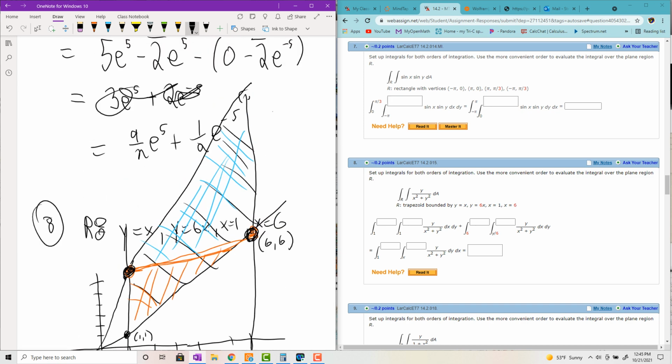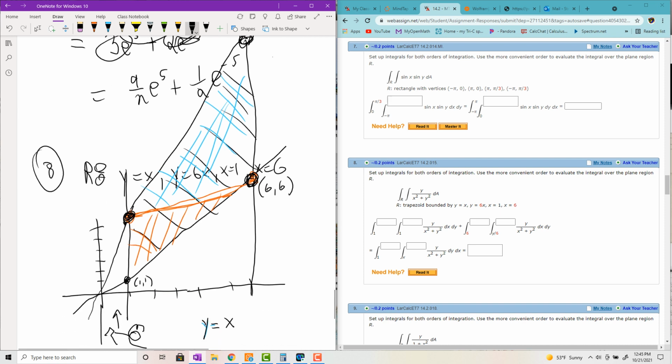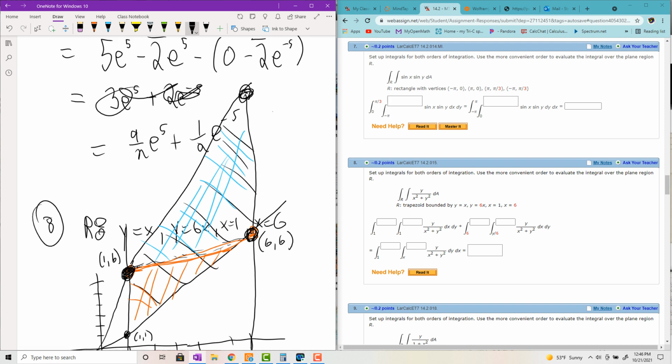Those points are from y equals 6x. The first point is when x is 1, so that's going to be the point (1, 6). So this is going to chop it into two regions perfectly. Okay, good. So then the top point there is when x is equal to 6, so this point will be (6, 36).